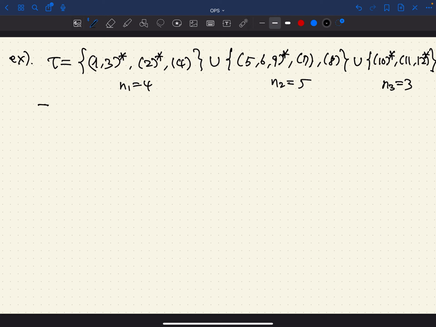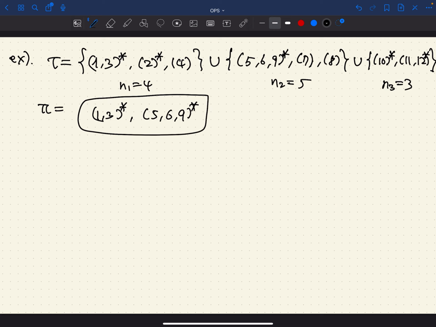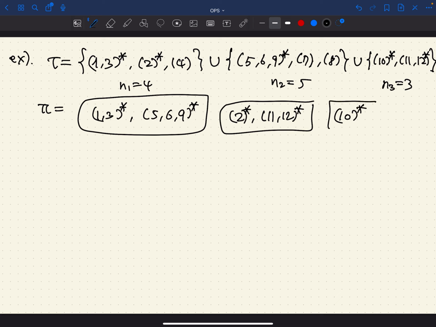So pi is like 1, 3, 5, 6, 9. It's one block like this, and 2 star, 11, 12 star, another block like this, 10 star like this.